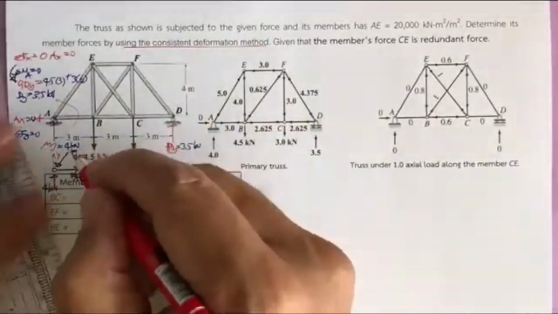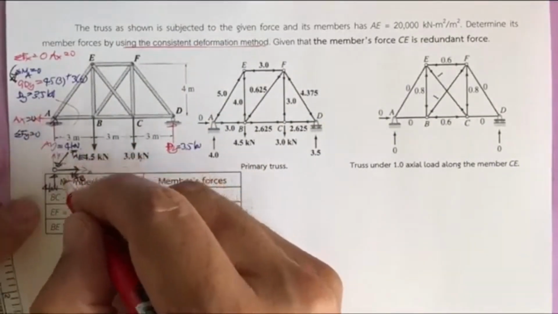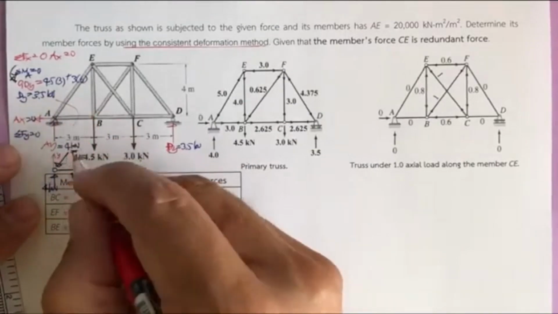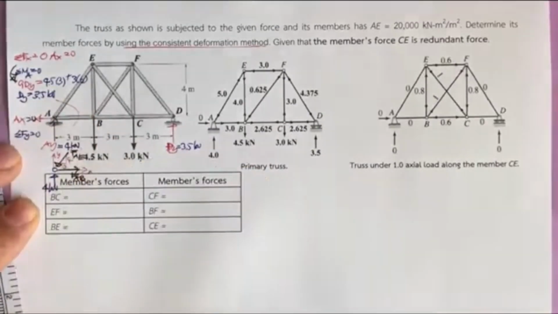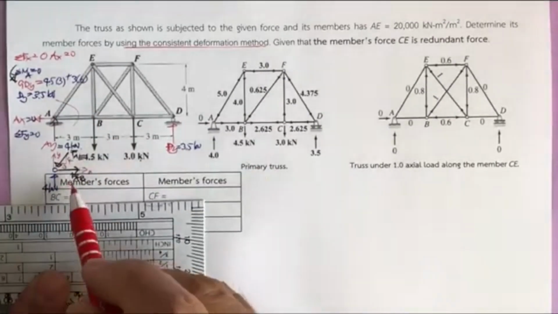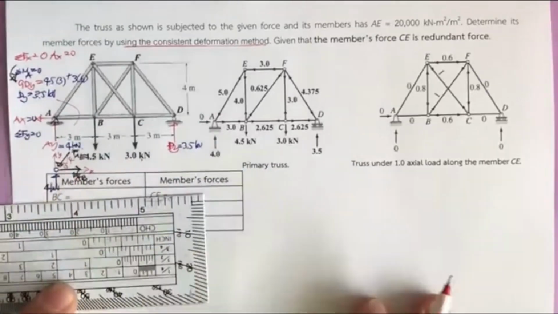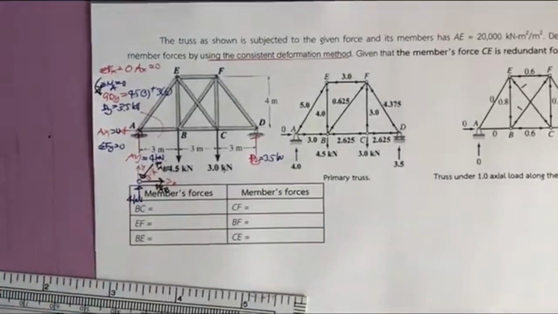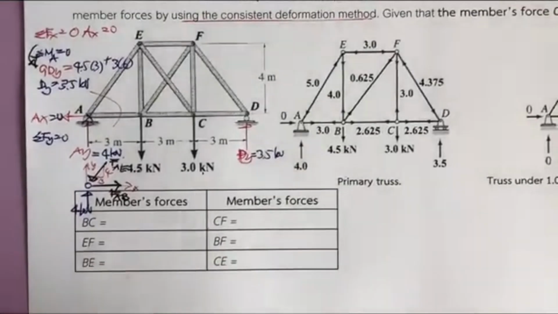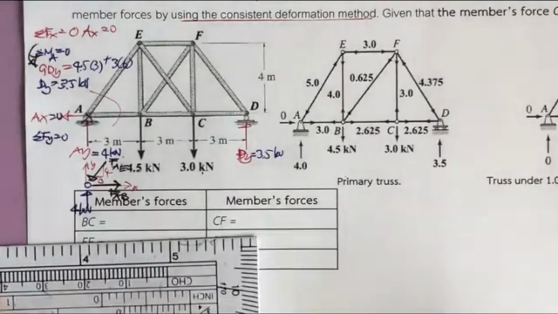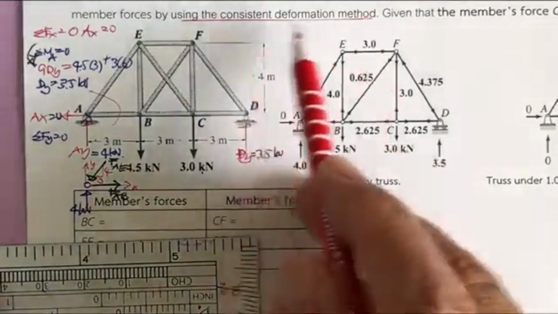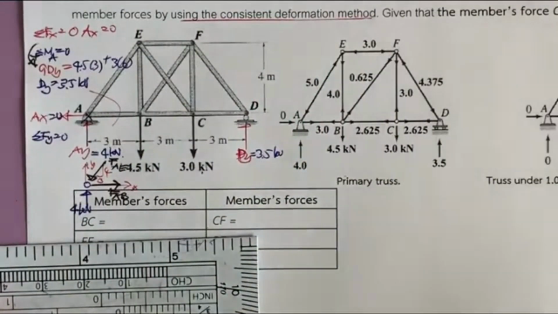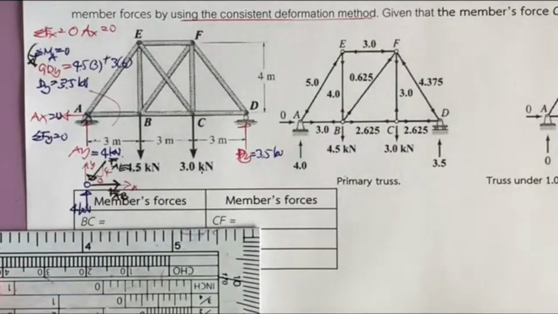And you may also know that this is 4 and 3. Okay, again, based on this, which equation are you going to use first? I just want to solve what we can determine, and then we will later show you the consistent deformation method. So which one is first?